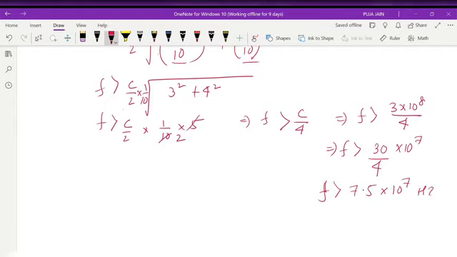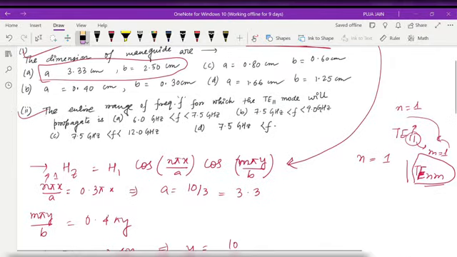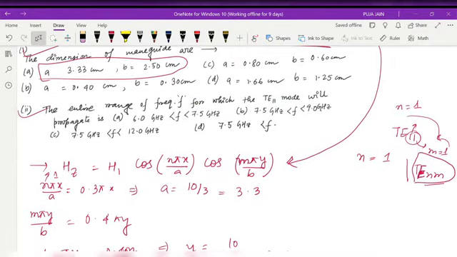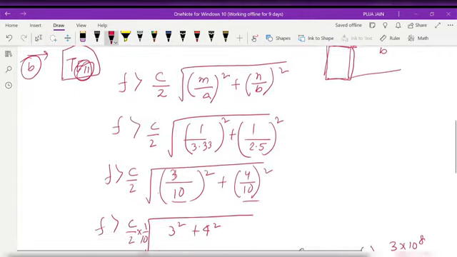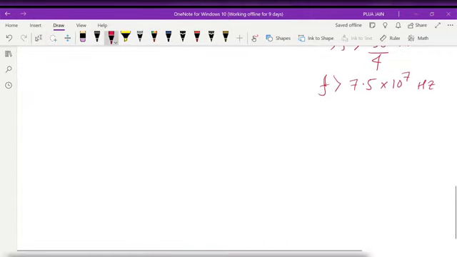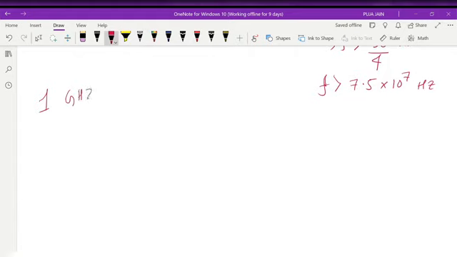Now the answer is in gigahertz. We know 1 gigahertz equals 10 to the power 9 hertz.